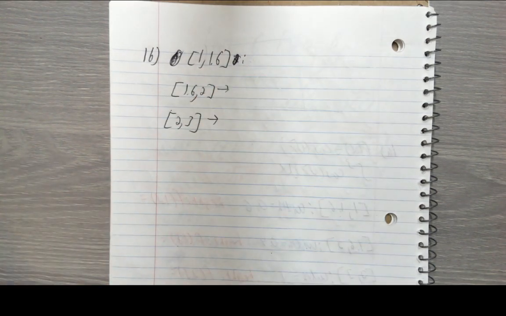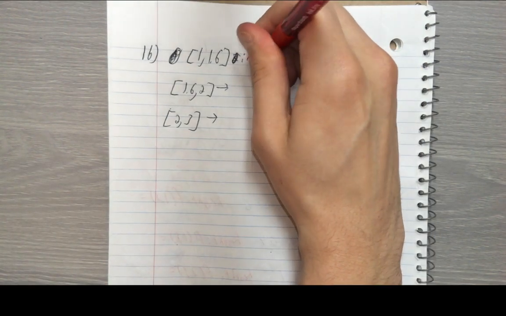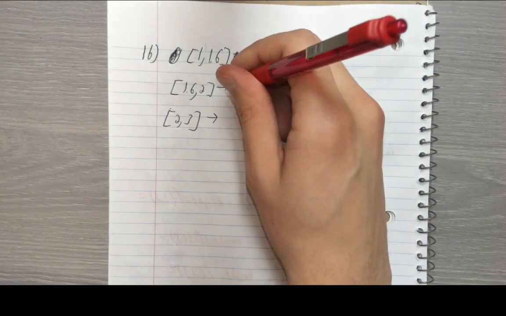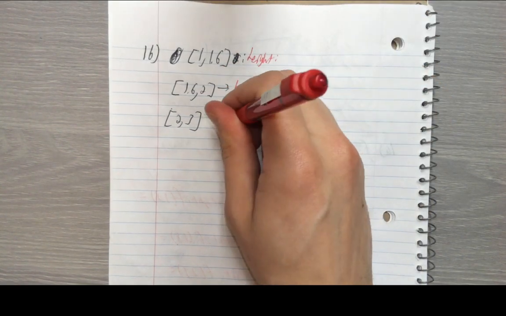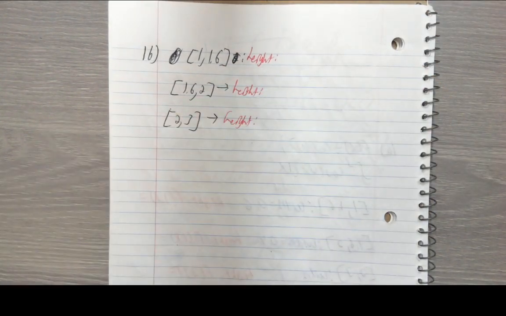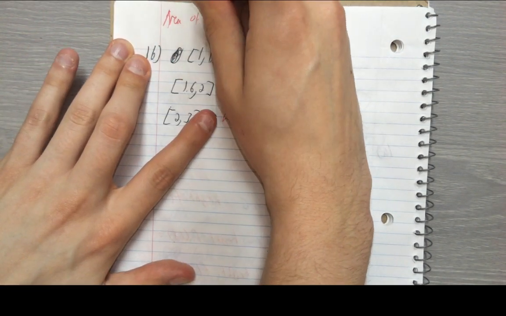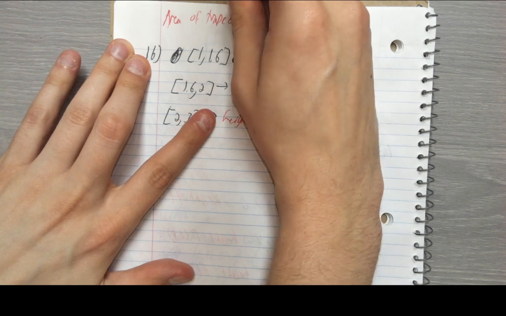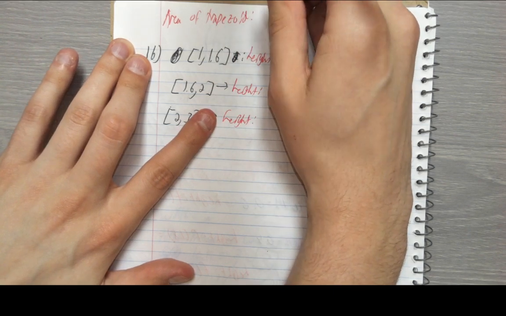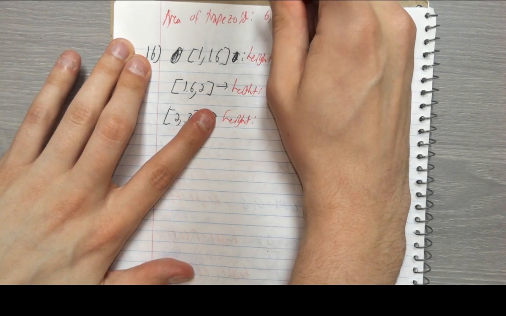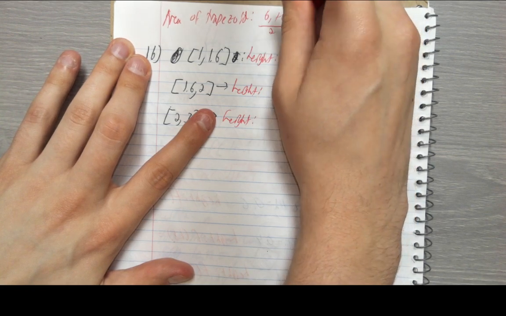I'm going to start with the height. And what might benefit you actually is, let me put at the very top, area of trapezoid. This could have thrown you off if you weren't sure about this. So the area of the trapezoid is B1 plus B2 over 2 times h.